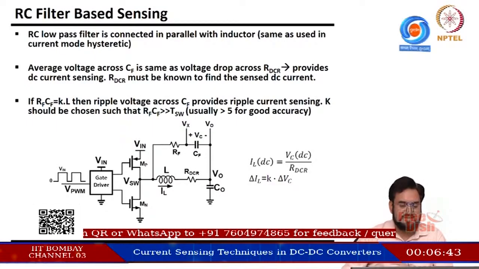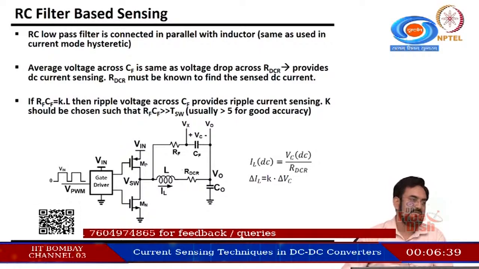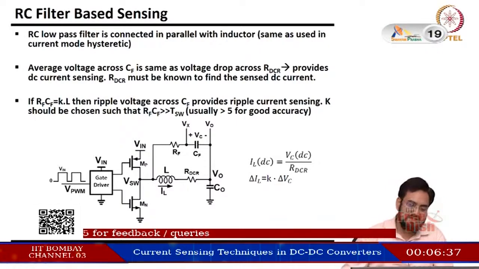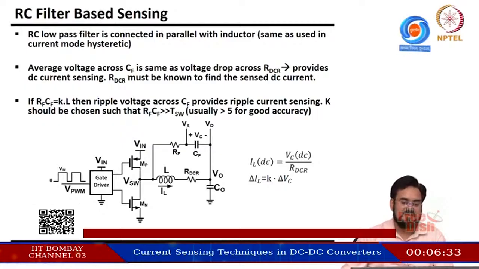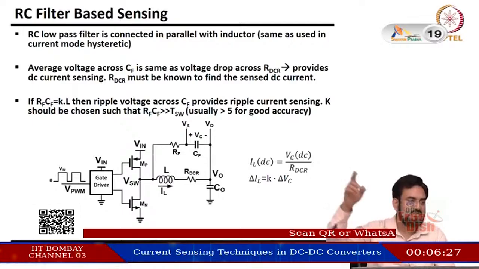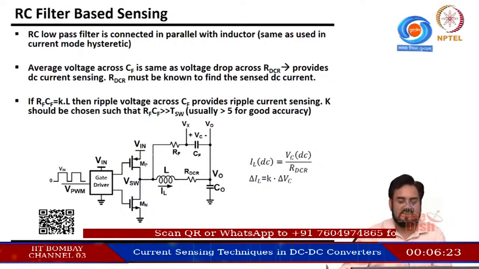One is the DC voltage, and the ripple will be voltage, not the current, but that same inductor ripple current will get mapped into voltage here. And if you have an RC time constant matched with the inductor, then the peak to peak voltage will be the same as the peak to peak ripple current.